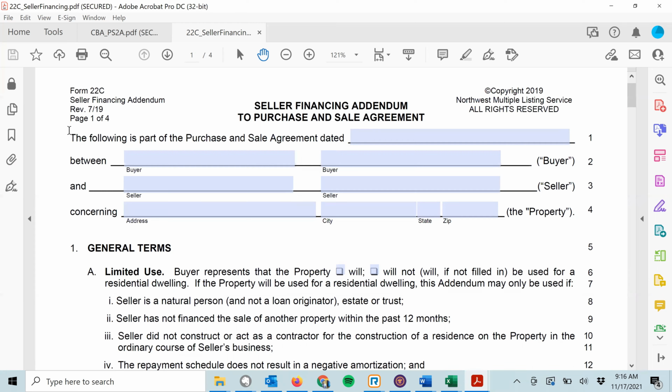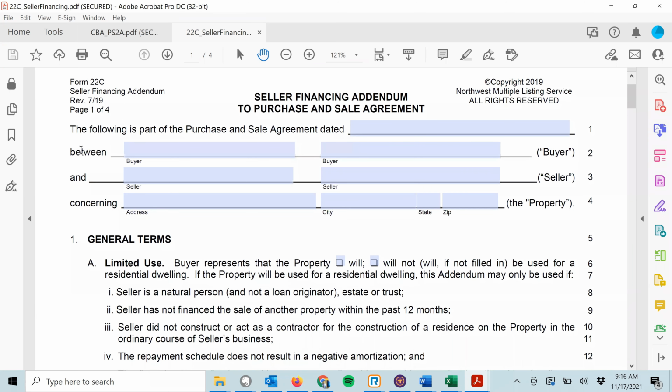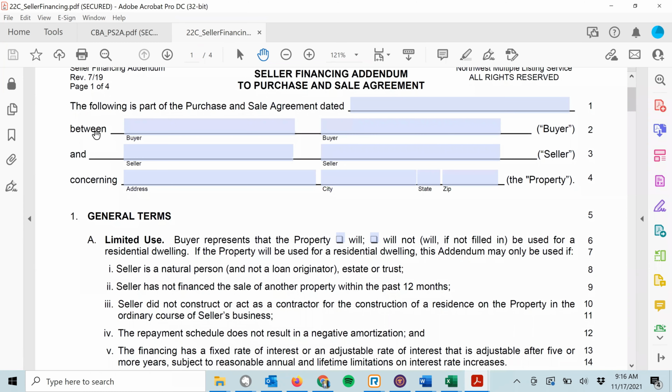Depending on which way you're going to use, you can skip ahead to certain clauses or not. I have a different video on the pros and cons of a lease option versus a real estate contract, so watch for that video if you want to dig into more details, but let's dive in.